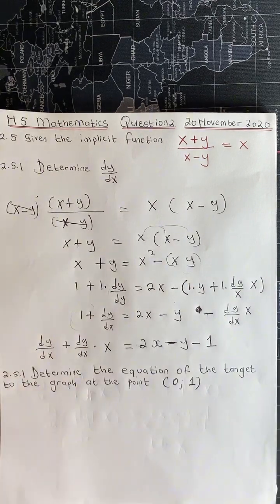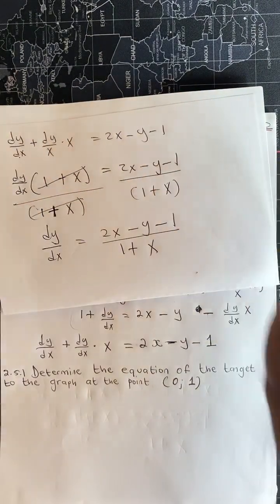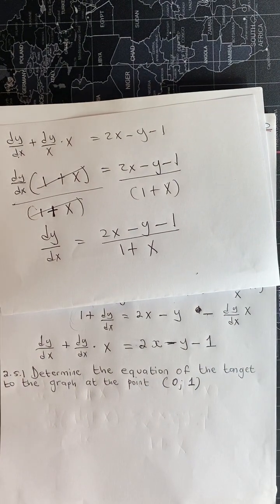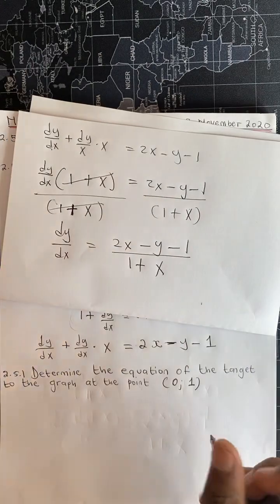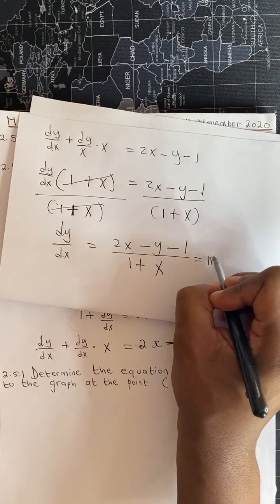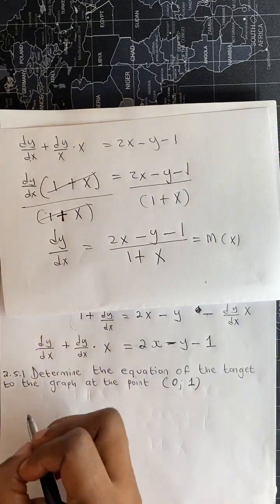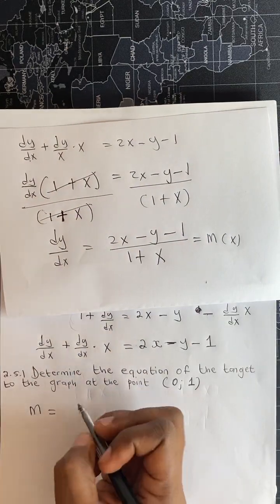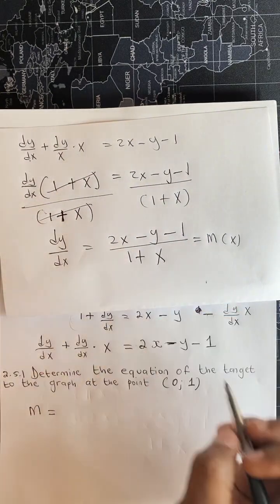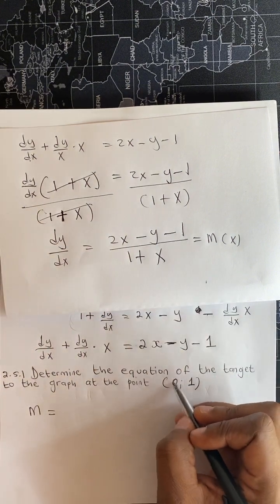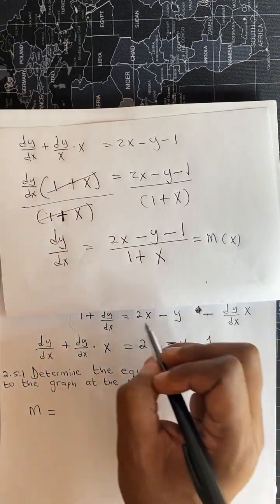So question 2.5.1, we have to determine the equation of the tangent to the graph at the point (0, 1). The dy over dx is equal to our gradient in terms of x. So to determine our gradient, where there is x we substitute the 0, and where there is y we substitute this 1.